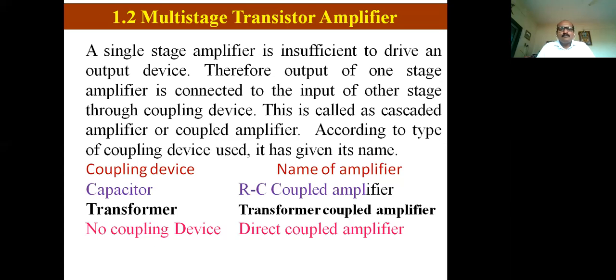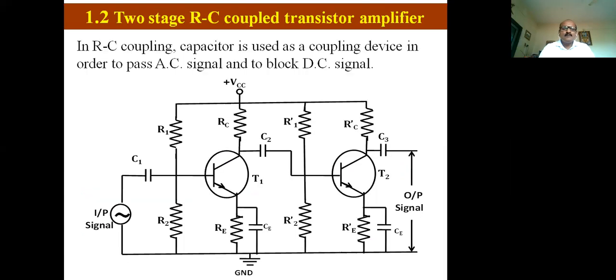Now we have to see the most important article, that is the RC coupled amplifier. In each and every question paper, voltage divider bias and RC coupled amplifier can be asked compulsorily. Therefore, we have to study the new article, the two-stage RC coupled transistor amplifier. That is the second article, the multi-stage transistor amplifier.